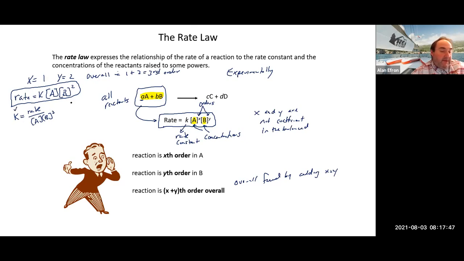But just to illustrate what these orders mean and how they affect a reaction rate, let's say that we started with 2 molar of each of those, A and B. So the concentration of A is equal to 2 molar and the concentration of B is equal to 2 molar.